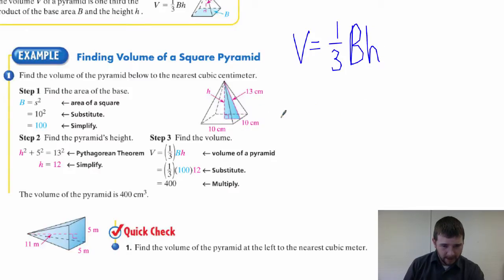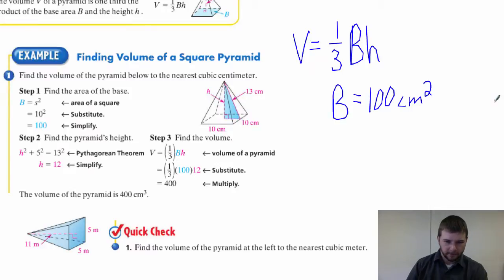It looks as though the base of this pyramid is a square with side length 10, so our base area, denoted capital B, will be 100 square centimeters.